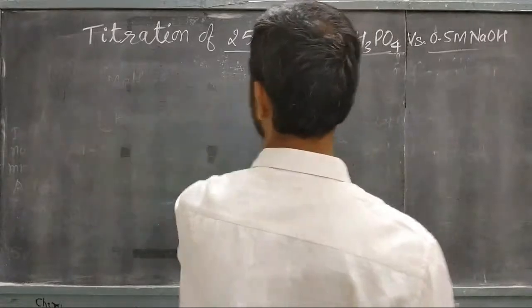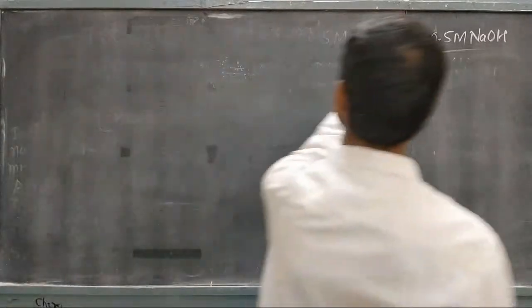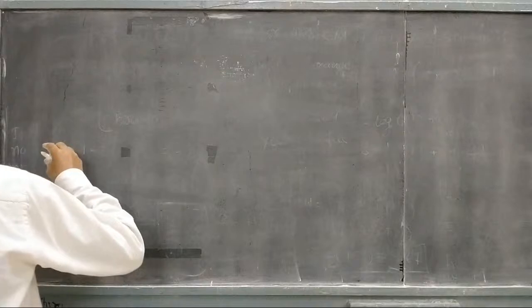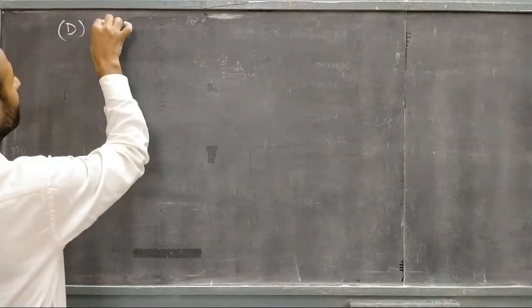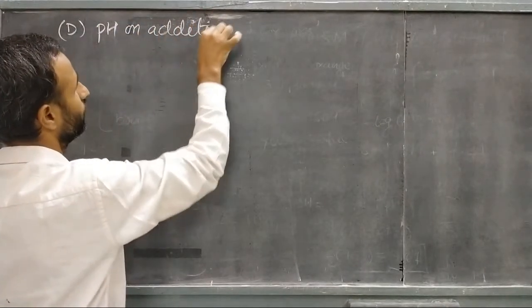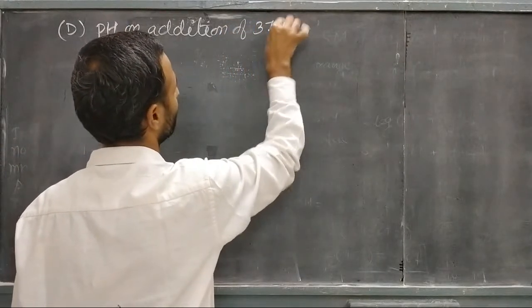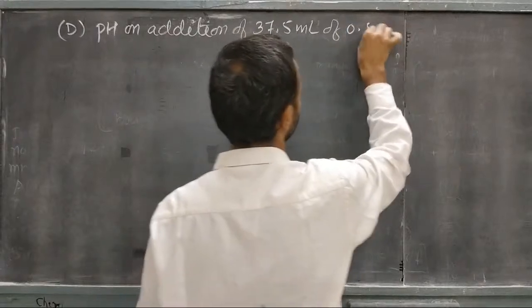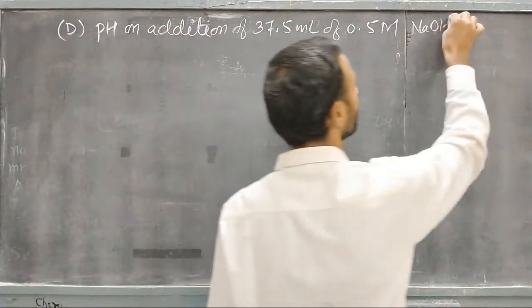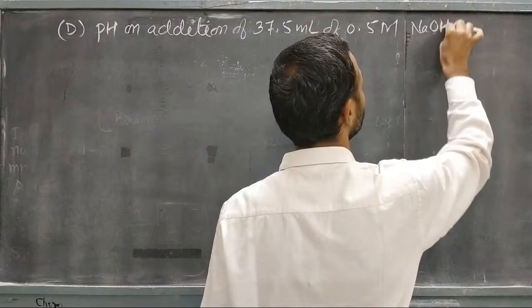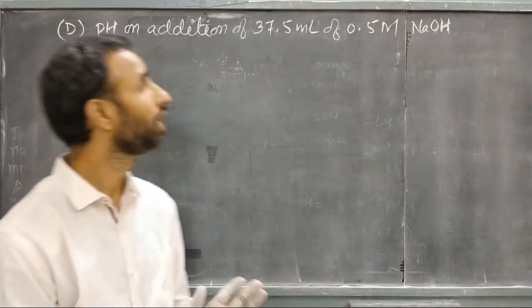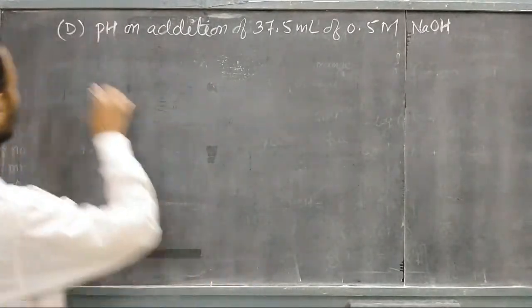Okay. Now part D: pH on addition of 37.5 ml of 0.5 molar sodium hydroxide.